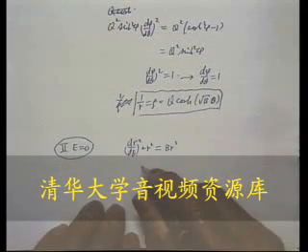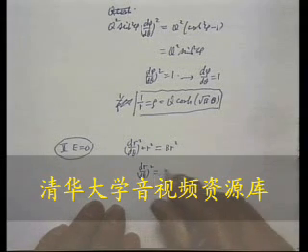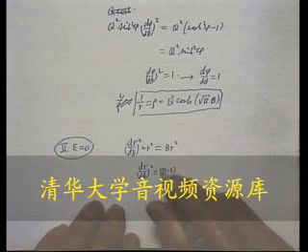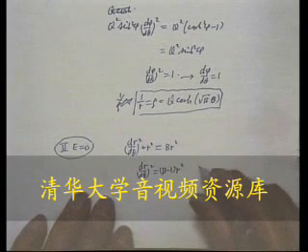So we get dr d theta squared is equal to b minus 1 times r squared. So b has to be greater than 1.